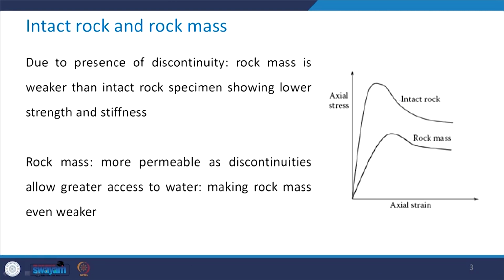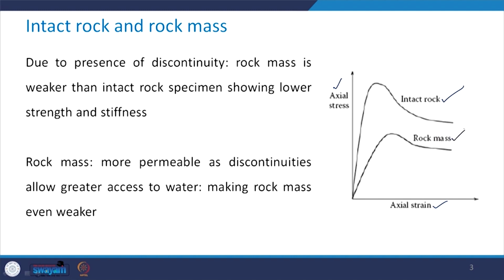Due to the presence of the discontinuity, we have seen that rock mass is weaker as compared to the intact rock specimen, and when it is weaker, obviously it will show lower strength and stiffness. Here in this figure, an axial stress versus axial strain plot has been shown. The upper one is for the intact rock and the lower one is for the rock mass.